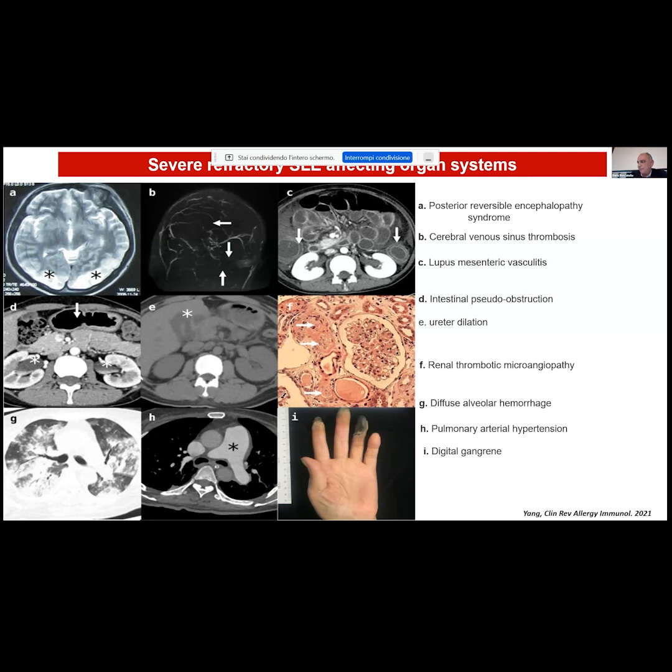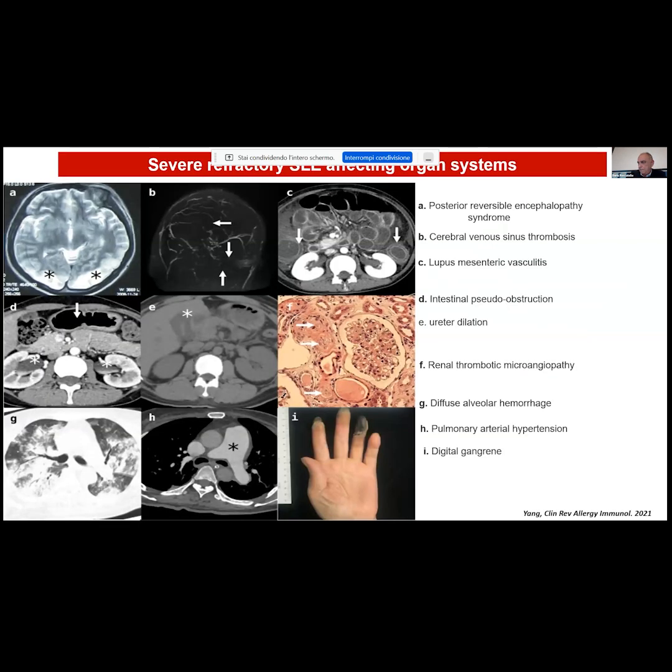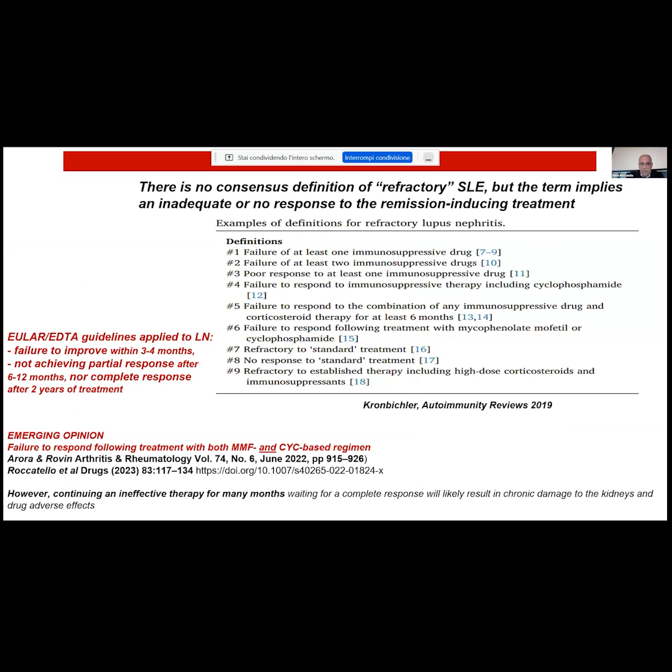Many attempts have been made to define refractory disease. Indeed, there is no consensus definition for refractory systemic lupus erythematosus, but the term implies an inadequate or no response to the remission induction treatment.